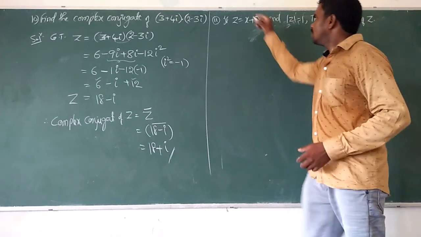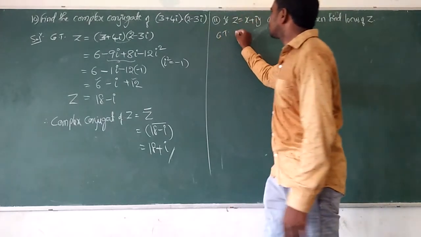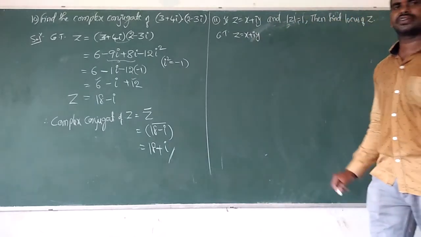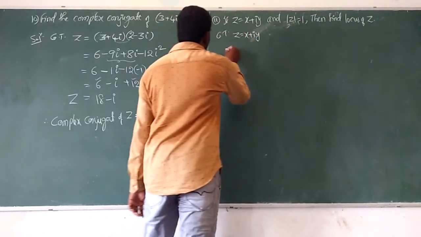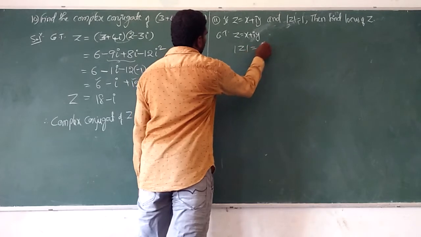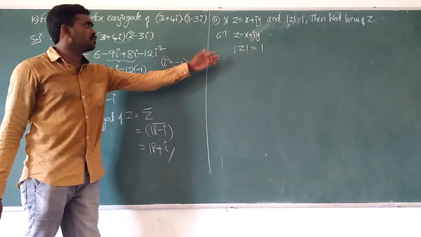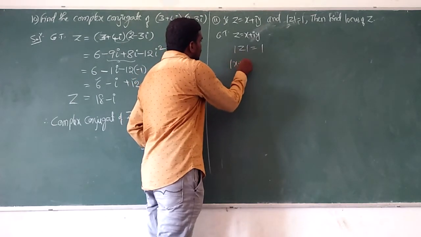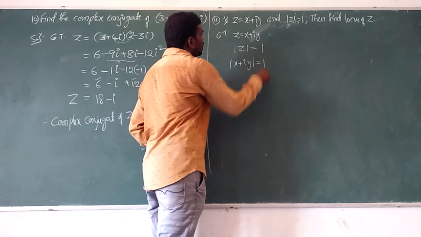Small question. Given that z equals x plus iy, and also given that modulus z equals 1. What does it mean? Modulus means the length of the complex number.